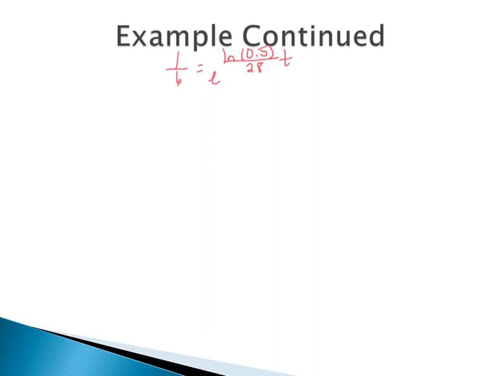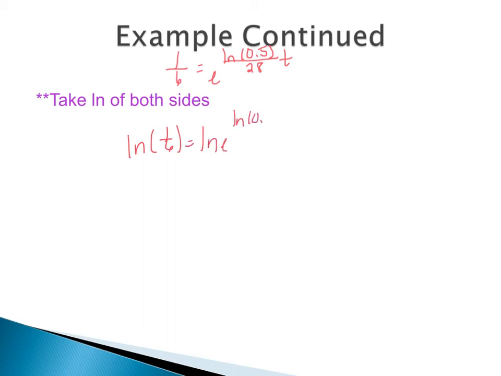In order to do so, again, this is an exponential equation, so we need to be taking the natural log of both sides. So we'll be taking the natural log of 1/6 equals the natural log of e to the natural log of 0.5 over 28t. Again, using that natural log property, the natural log of e will essentially go away and the exponent will drop down, so that we just have the natural log of 1/6 equals the natural log of 0.5 over 28t.